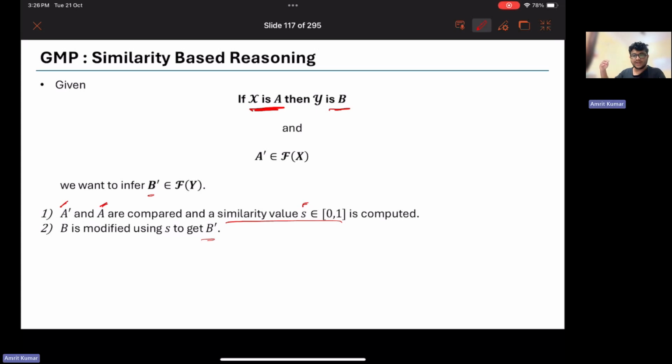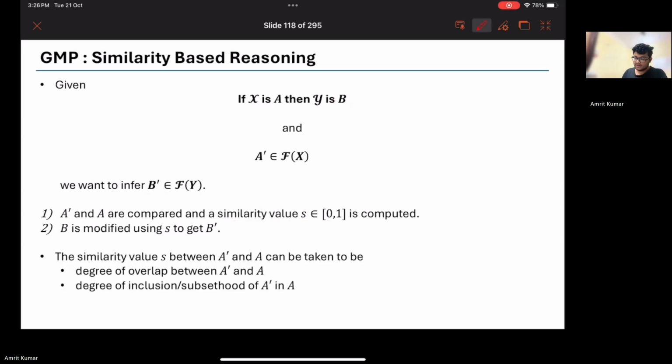So given an input A dash, we compare it with the input fuzzy set in our fuzzy if-then rule. That is, we compare A dash and A. I end up getting a similarity value, and that similarity value is used to modify B to get B dash. Okay. Now, the question is, what exactly does this similarity value mean?